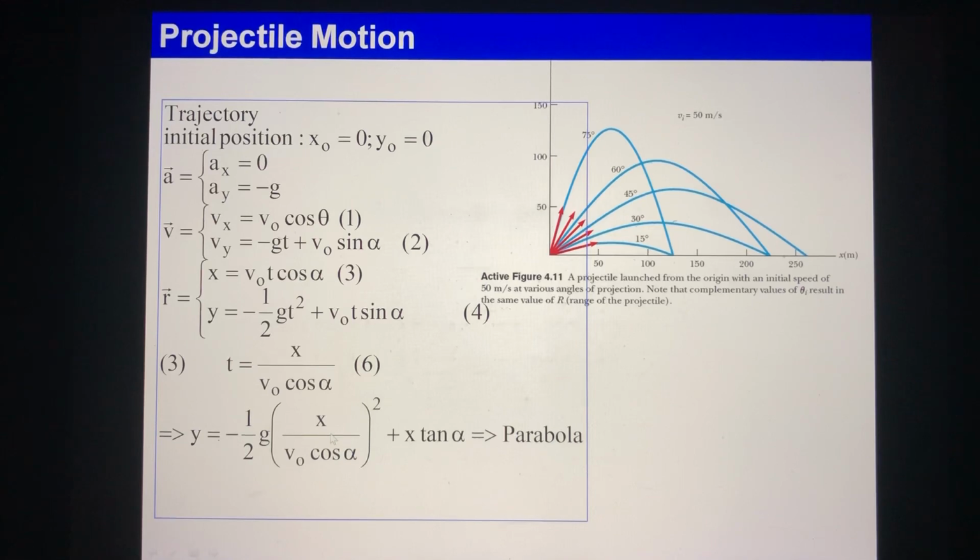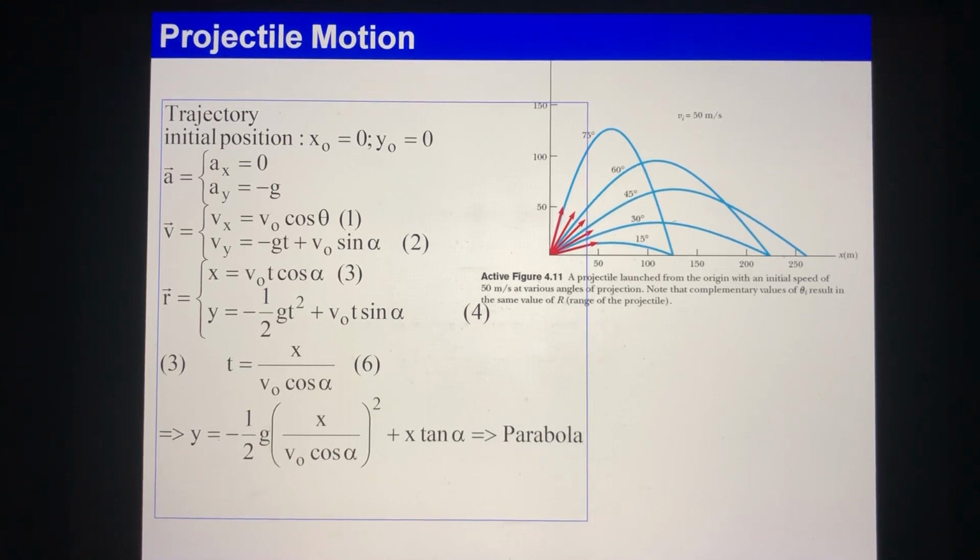So we can see that here is x square, that means the trajectory is a parabola and it depends on the angle, so we have different behavior of the parabola. So at this moment I show you the trajectory, position vector and velocity of projectile motion.